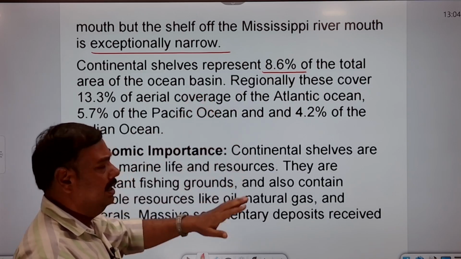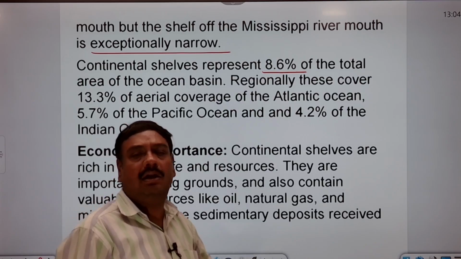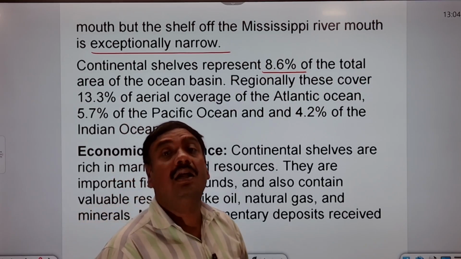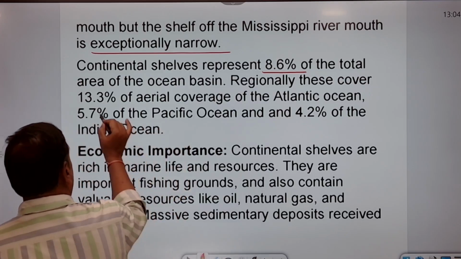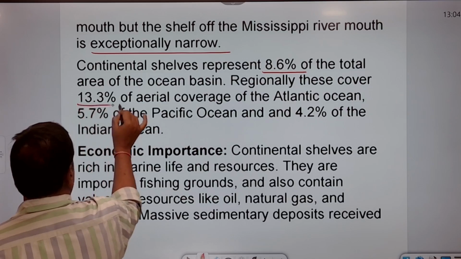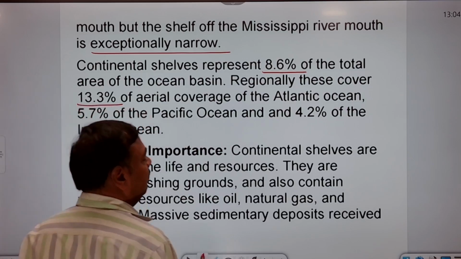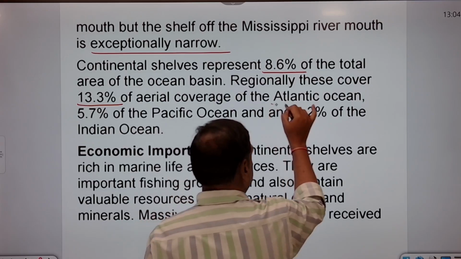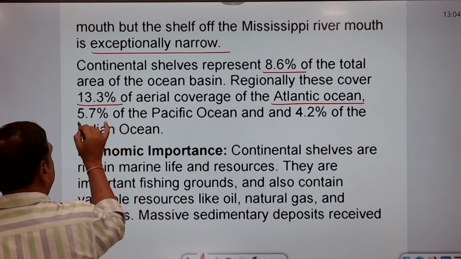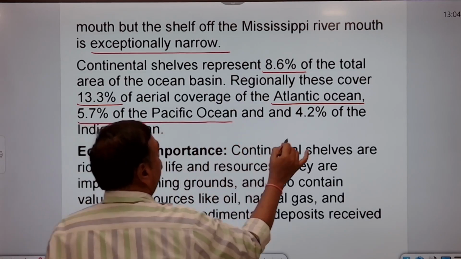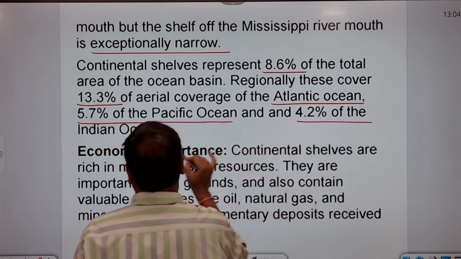But regionally, the continental shelf covers 13.3% of the areal coverage of the Atlantic Ocean. It is 5.7% in the Pacific Ocean and 4.2% in the Indian Ocean.